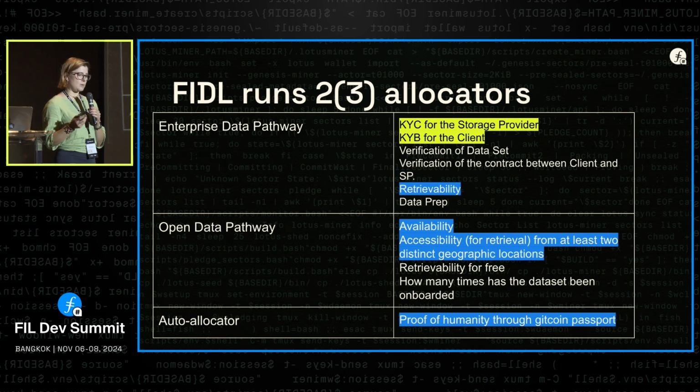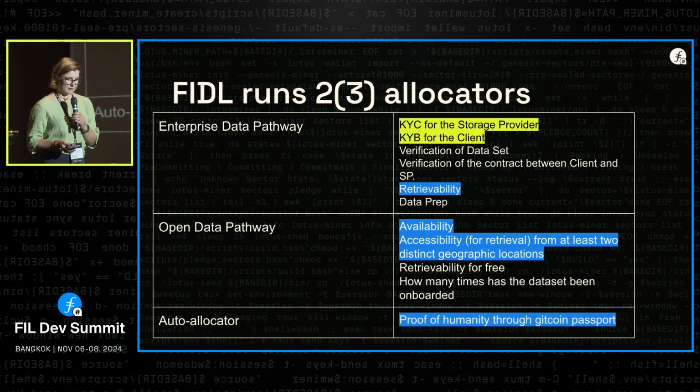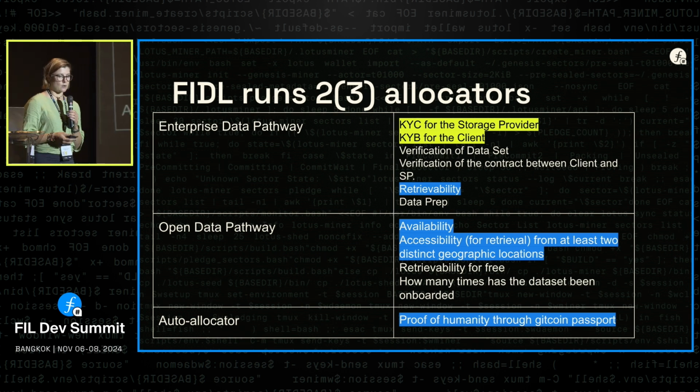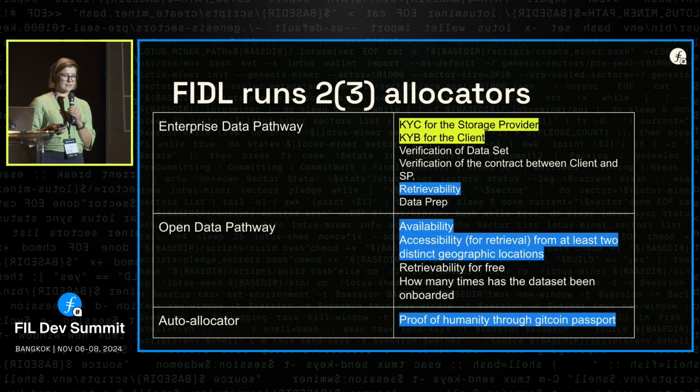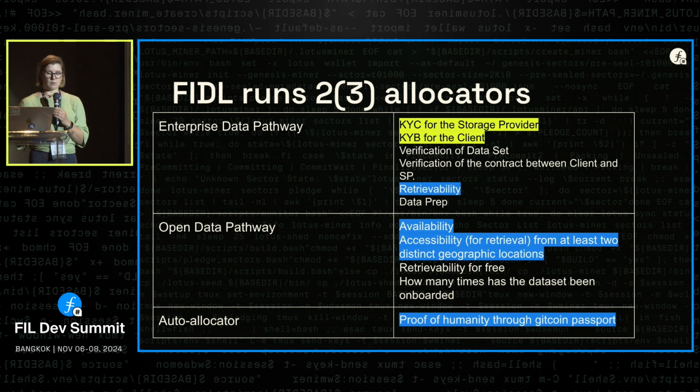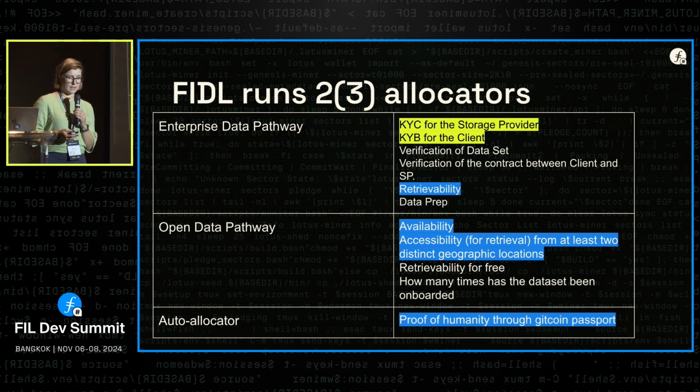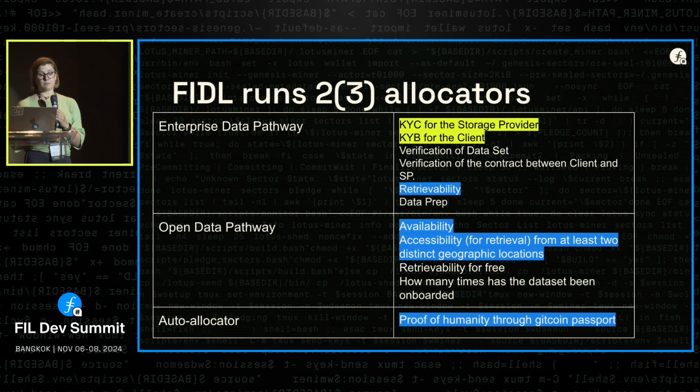We also require accessibility for retrieval from at least two distinct geographical locations, which is again something we can check with Spark to a degree. And we require that the data must be retrievable for free by anyone who wants to access it.